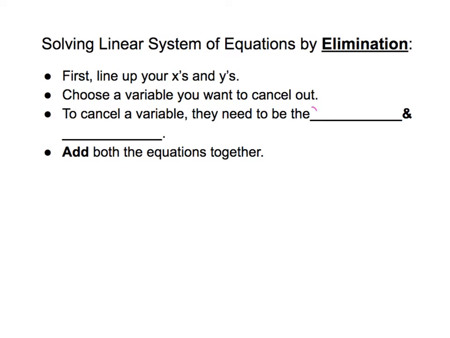Let me write this in. The same coefficient, meaning the number in front of x or the variable. And they need to be opposite signs. So in other words, if you have a positive 2x, the only way to cancel it out is if you have a negative 2x. That would allow it to cancel out.